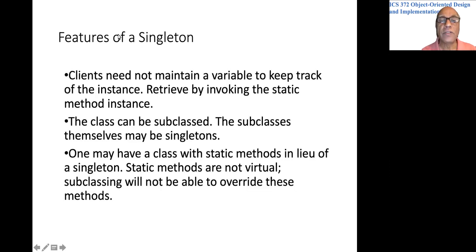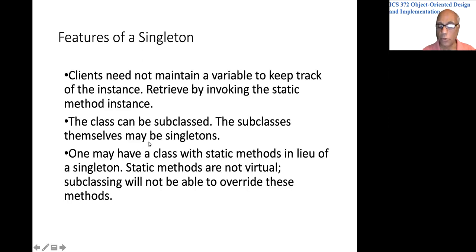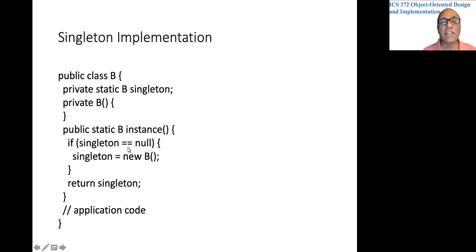This can be subclassed. You can have subclasses of B that themselves are singletons. Instead of having a singleton, you could have all static methods. Then you could get the same functionality, but then static methods cannot be overridden.